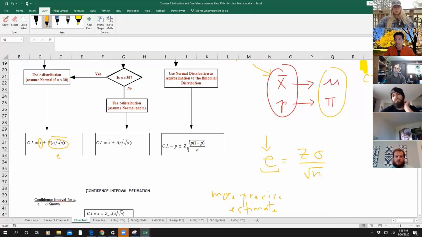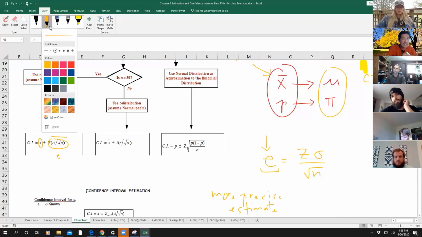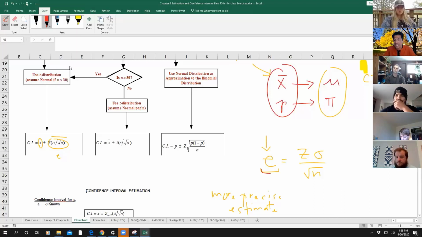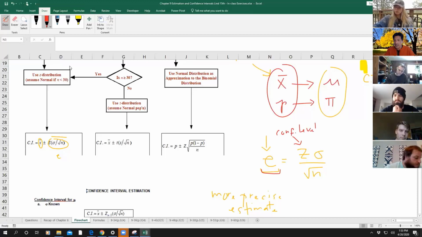Okay, so let's focus on this formula here. I will explain the three things that affect the margin of error. The first item that you see in this formula, the Z, this is your confidence level, okay? Sigma is the population variability. And then n, as we know, is the sample size.